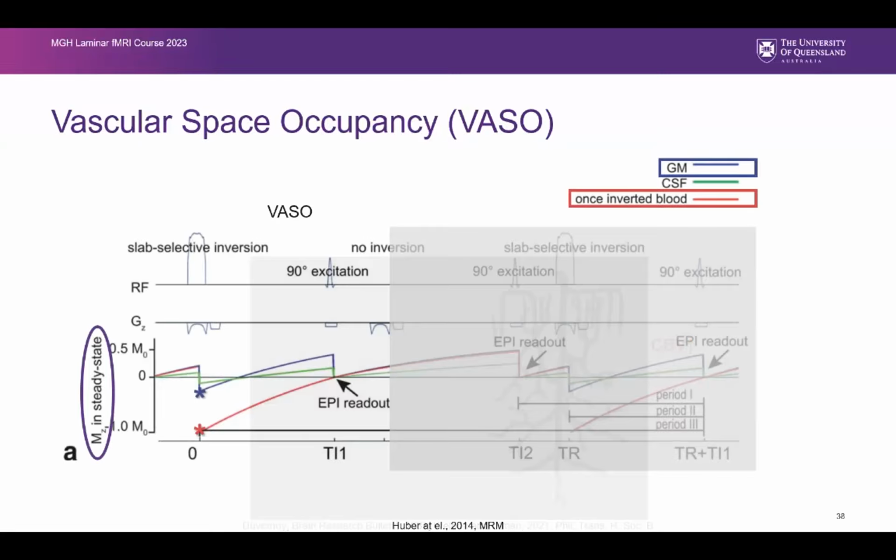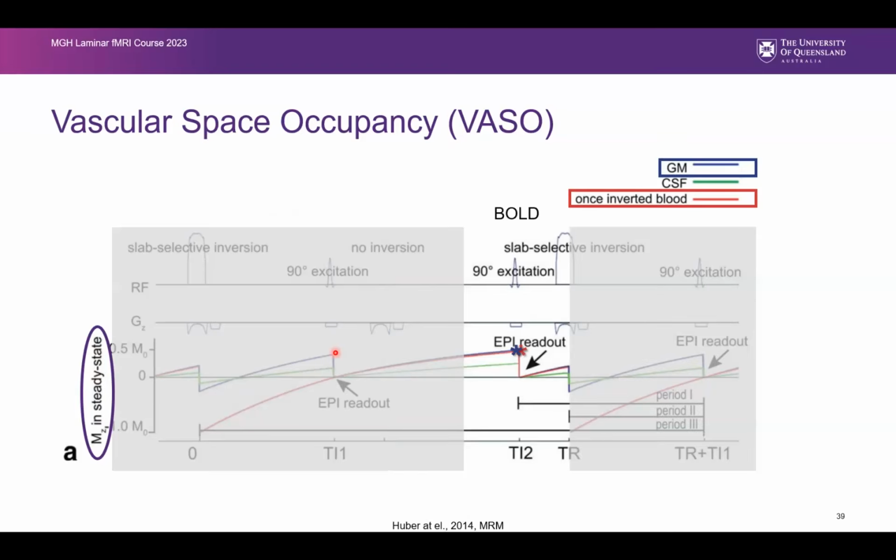And if you look at the sequence diagram, how is that implemented? We just look at the left-hand side, which is our VASO image. You can see here an inversion pulse that flips around the magnetization of gray matter in blue and blood in red. And then we just wait, and the magnetization slowly returns to equilibrium. And the trick is to acquire the image when the inverted blood goes through zero. So if you excite then, you don't get any contributions from blood, and you only measure the gray matter signal.